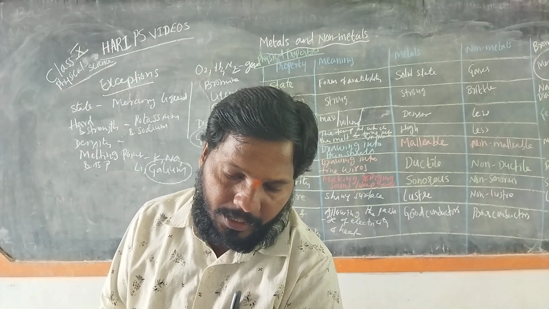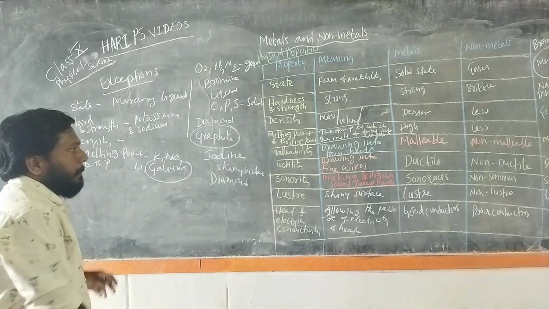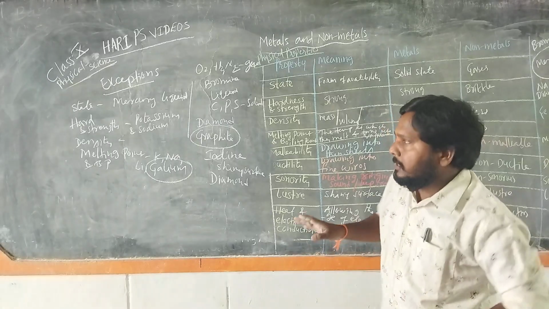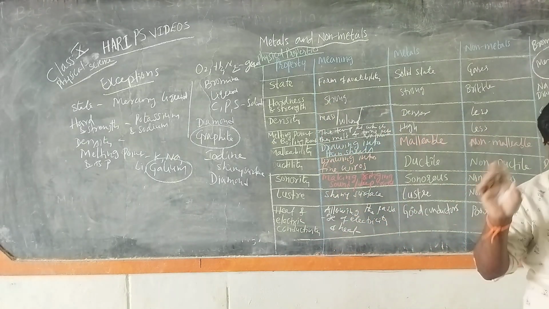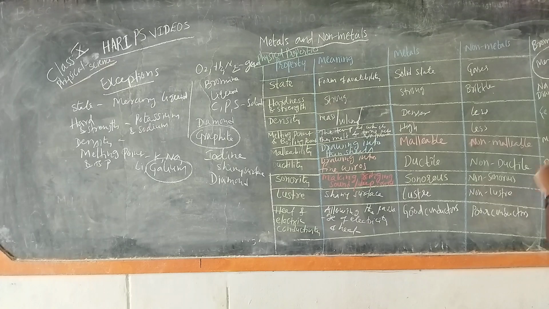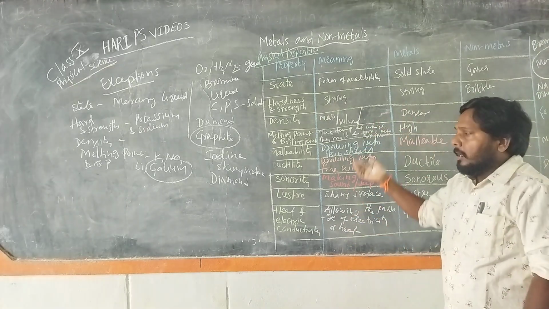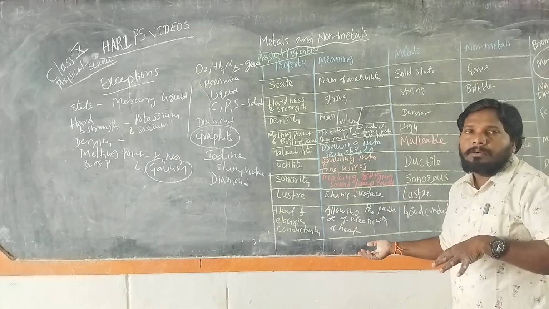So we cannot classify the elements as metals or non-metals by the physical properties, because practically every physical property has exceptions: state, hardness, density, melting point, boiling point, sonority, luster, heat conductivity, electrical conductivity.